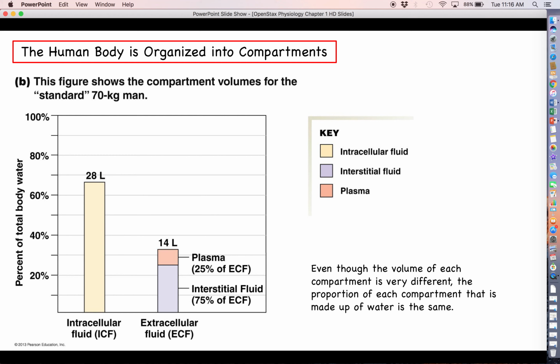If you're thinking about your water makeup, the main thing you're probably thinking of is your blood, right? Well, your blood is actually a very, very small percentage of all the water in your body. So there's actually more interstitial fluid in your body than there is blood plasma. But both of them pale in comparison to the vast amount of water that is contained within individual cells.